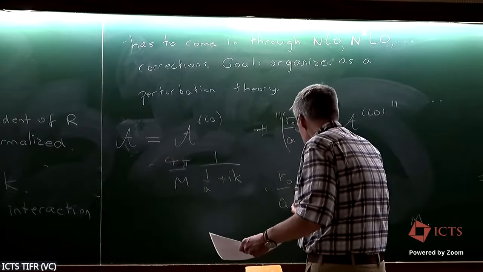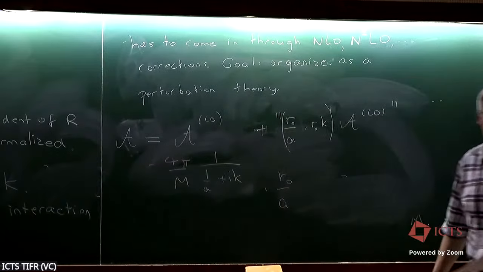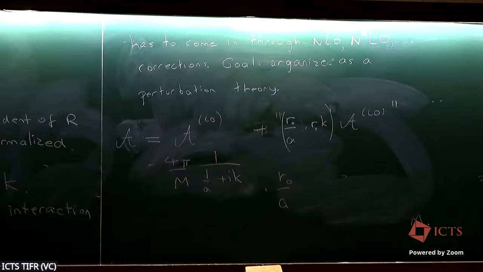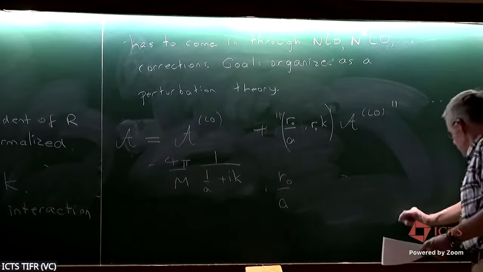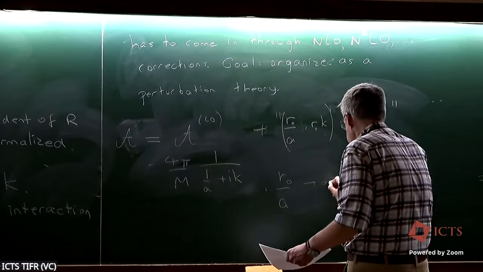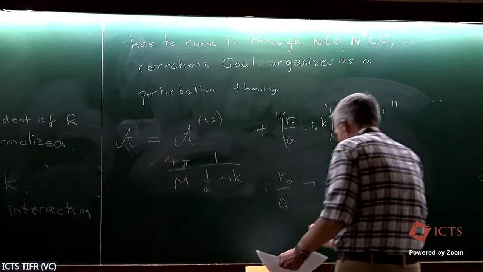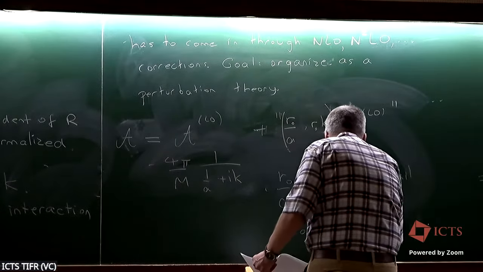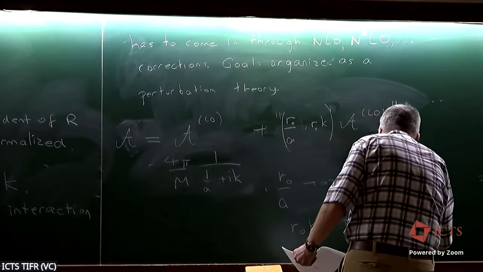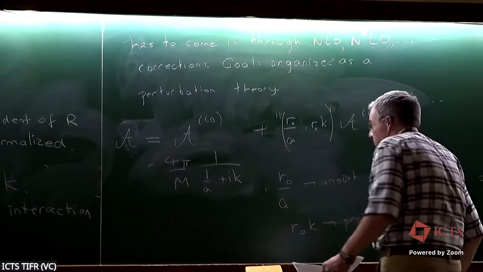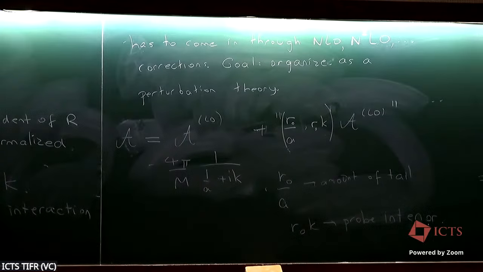This is basically how much tail there is in the wave function at 0 energy. And this one, R0K, is whether you probe the interior or not. So if the de Broglie wavelength becomes comparable to the range of the interaction, then you shouldn't really describe the interaction by a crude delta function anymore.